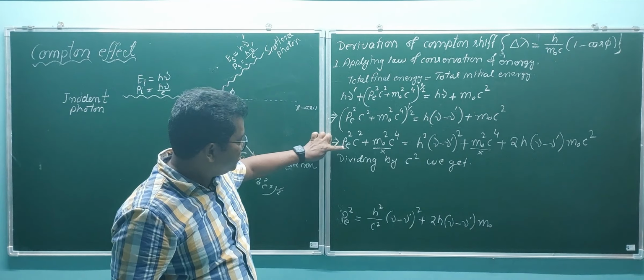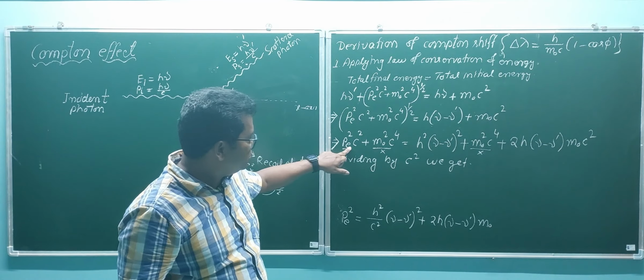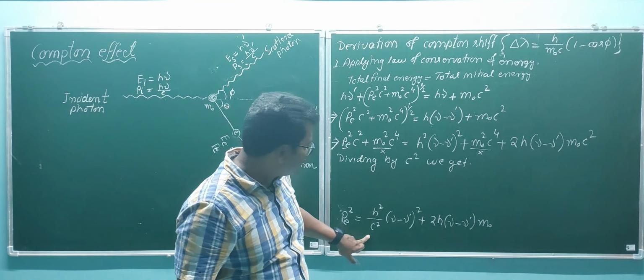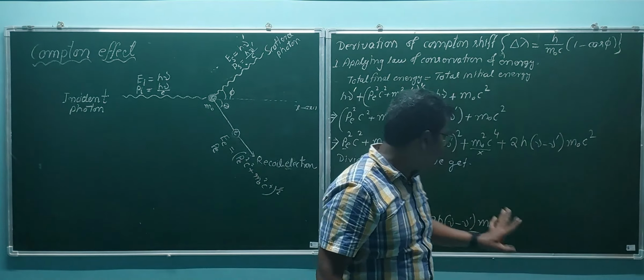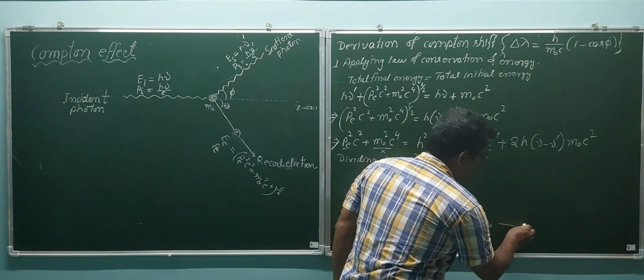Dividing by c square, this cancels out. This is equation number 1.